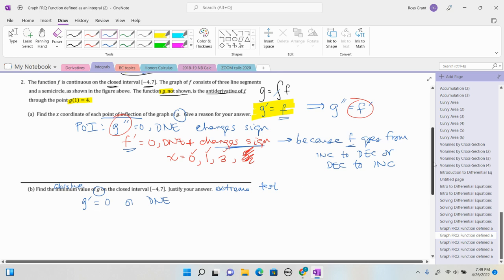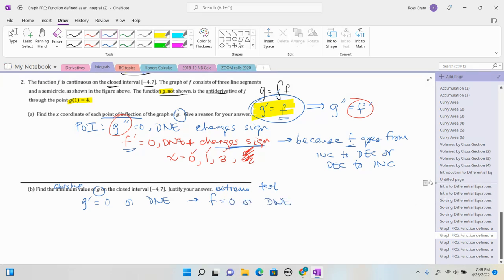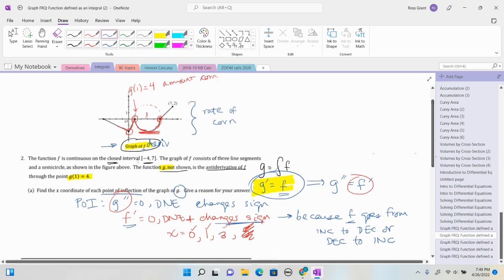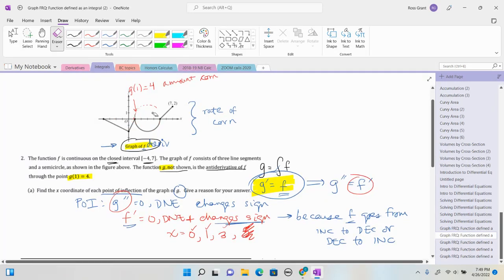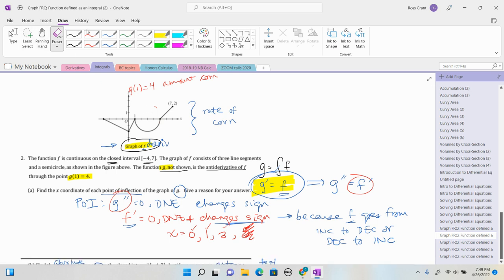So where is g prime equal to 0 or DNE? Well, what's g prime again? g prime is f. So I'm really looking for where f is 0 or DNE. Okay, where is that? This is a graph of f. So where does this graph itself equal 0 or DNE?